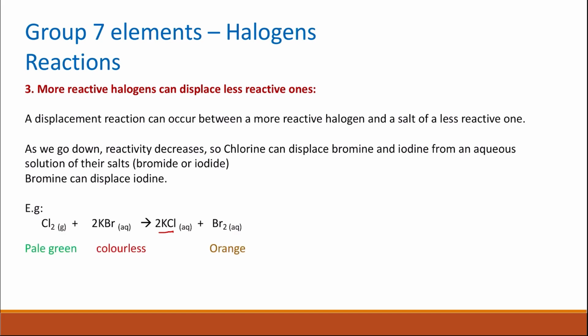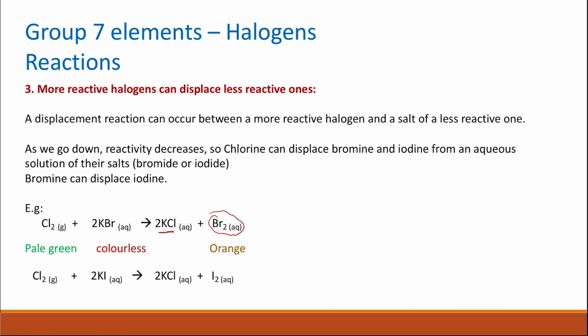Chlorine is a pale green gas and potassium bromide solution is colorless. So when you react chlorine with potassium bromide, that will form bromine as an aqueous solution, and the color of the solution will change from colorless to orange.